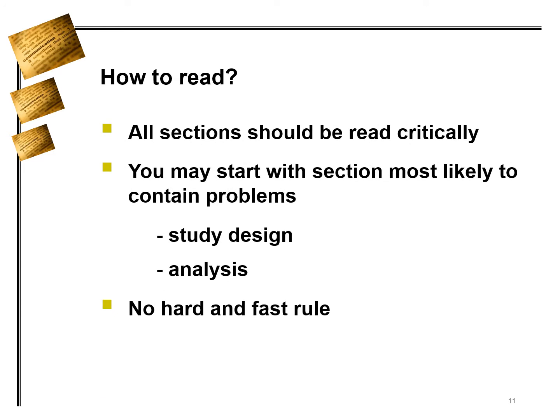Number 1, all sections should be read critically. No matter how busy we are, we should not miss any sections. We may start with the section most likely to contain problems, and that would be the study design and the analysis. However, there are no hard and fast rules. This is simply just a guide.